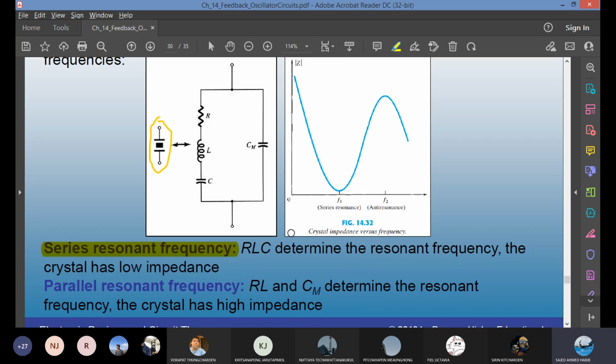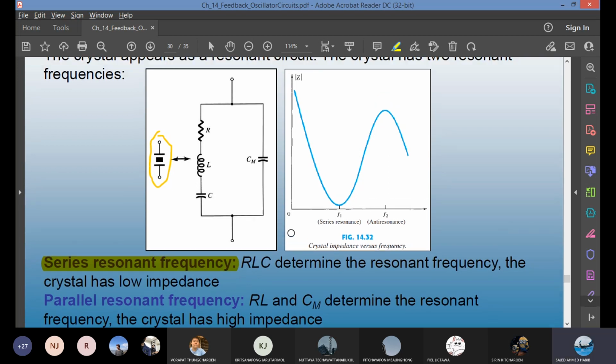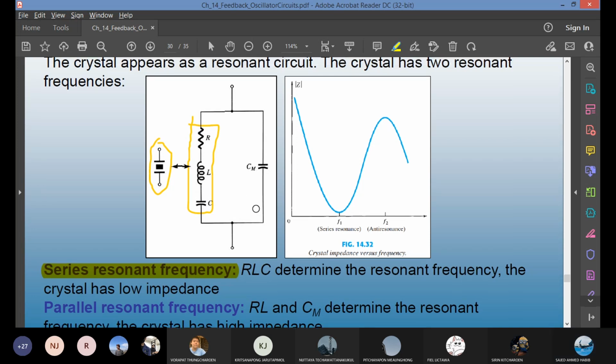If the parallel resonant frequency mode is on, then this capacitor does not do it. So let me draw for the series first. For the series resonant frequency, these three components determine the frequency of the oscillation. When it is in parallel resonant frequency, the oscillation frequency is determined by RL and the other capacitor.